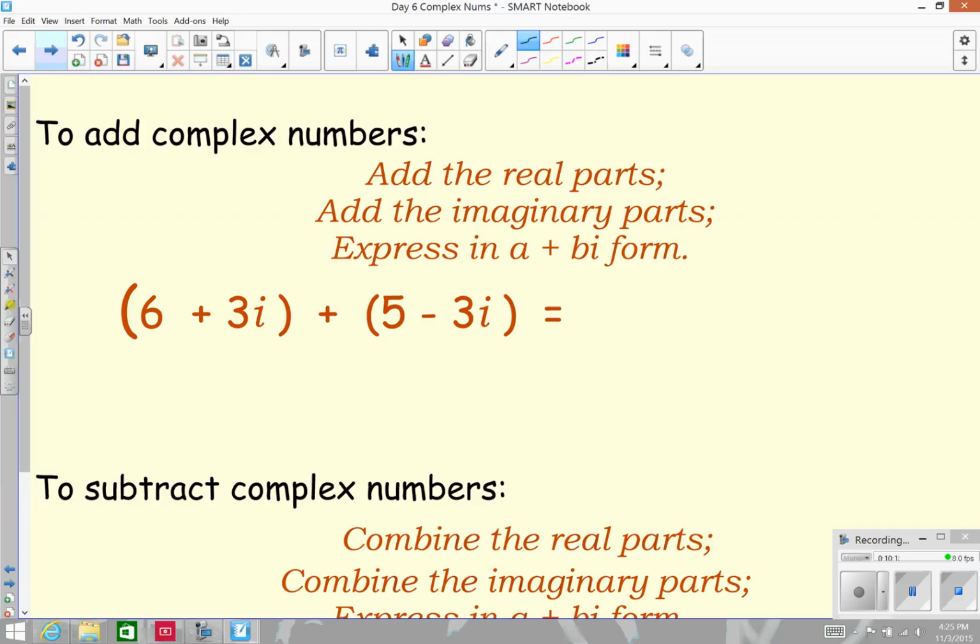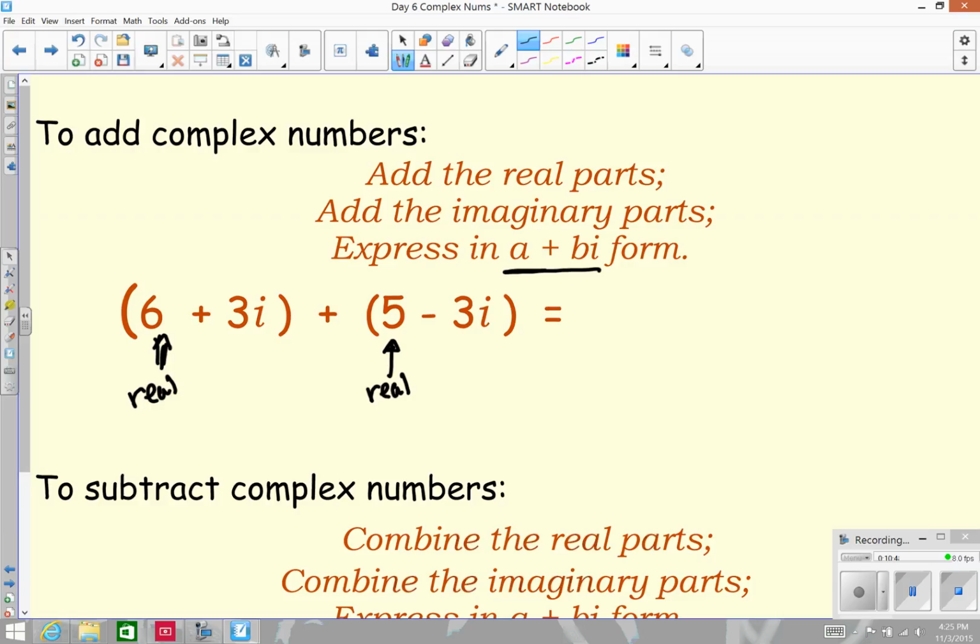All I really have to do is take the real parts, add them together, and then take the imaginary parts, add those together, and make sure when I express my answer I put the real part first, the A part comes first, followed by the B times i part. So, looking at this example, I have 6 is my real portion for 6 plus 3i, and I'm adding that to 5 minus 3i. 5 is the real portion.